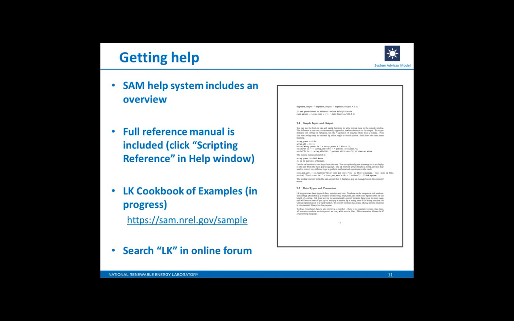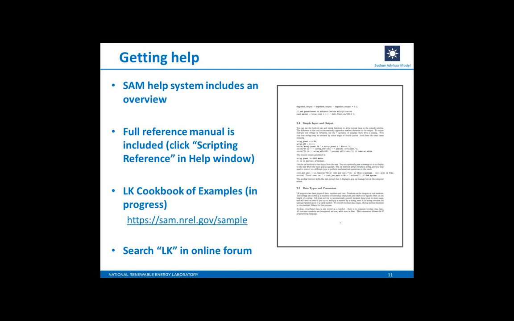And so if you need to know more about how to work with multi-dimensional arrays or nested tables or other sorts of more complex features, then you might want to look in the reference manual for the scripting language.